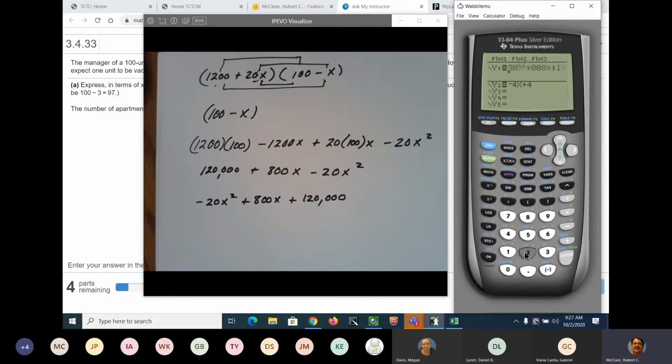Now that's your y-intercept, so you know you're going to have to fix your graph window and have y equal to 121,000. Okay, I'm going to delete this and graph, and of course it's not going to show it. We're going to have to hit zoom fit, and it still might not show it. So zoom fit.